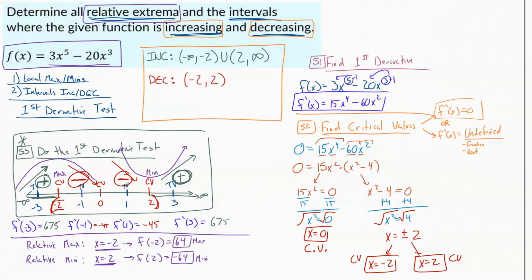So this thing is decreasing from negative 2 to 2. A lot of people miss this because they group it together with the idea of where is the derivative negative. These are two different things happening here. And a lot of people don't pick up on this. Decreasing means every value to the left is going to be larger than every value just to the right of it.